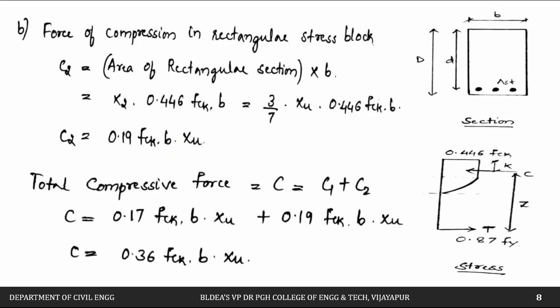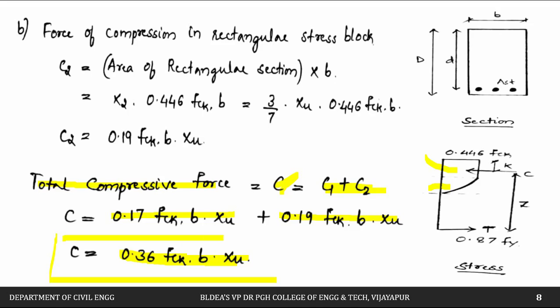If I want to get the total compressive force, what I have to do? I have to add this C1 as well as C2. Therefore, the total compressive force C is equal to C1 plus C2. C1 is 0.17 fck B xu, C2 is 0.19 fck B into xu. If we add up, we will get the answer as 0.36 fck into B into xu.